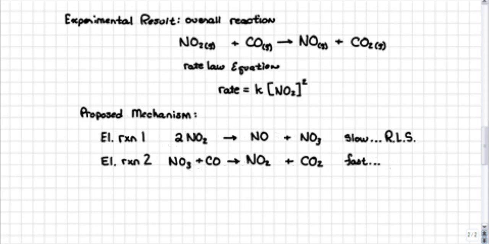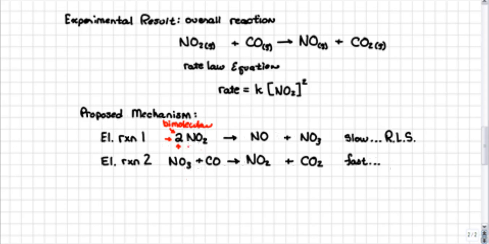Let's focus our attention on the elementary reaction number 1. Here what we can see is that it requires that 2 of these NO2s collide with one another. We're showing them grouped together with the 2 there, but really it suggests that 2 NO2s crash into one another, and therefore this is a bimolecular step.